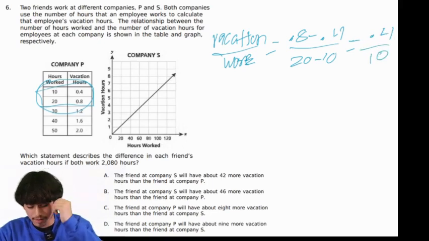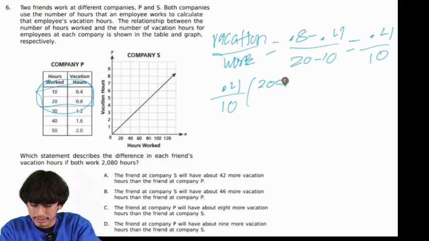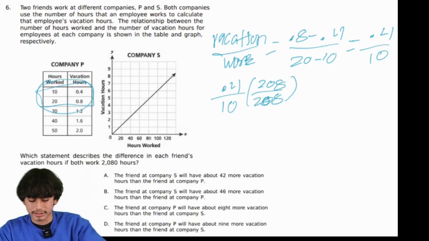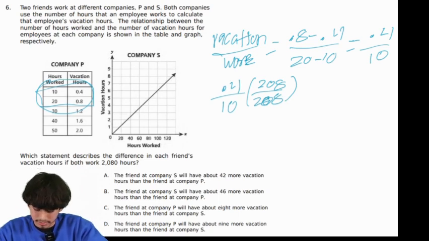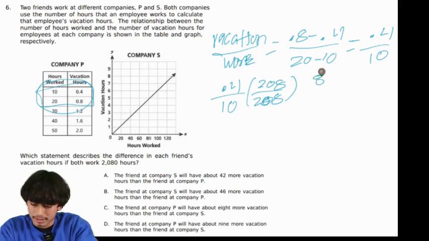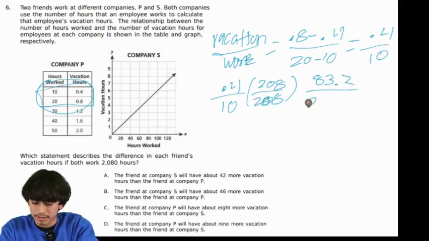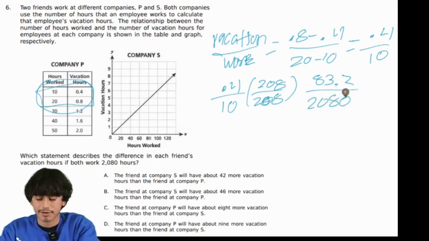And to find the common denominator for the vacation hours, we're going to do 0.4 over 10 times 208, which is going to give us 83.2. And for 10, it's just going to be 2080. We just add the 0 at the end.